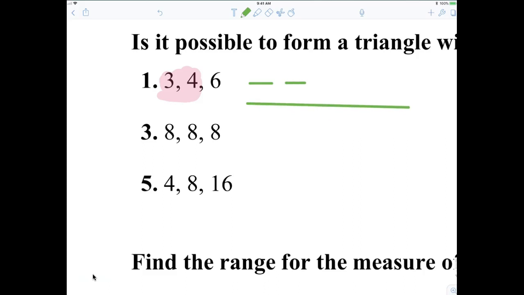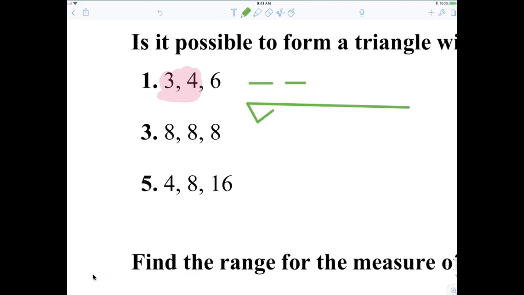Because if you pick up that side and you pick up the other side, there's no way. So all you have to do is look for the two smallest sides. If you add those up and that's greater than the third side, it's a triangle.